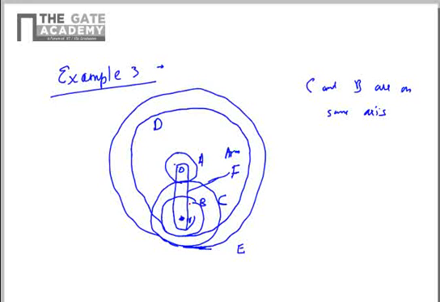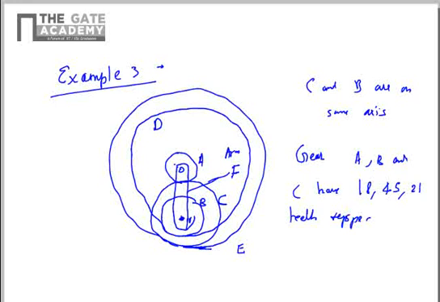These are the gears. Now, in this problem, we are given some limited information. This is a complex problem, so you have to form the equations for solving it. Gears A, B, and C have 18, 45, and 21 teeth respectively. So the number of teeth on 3 gears are given, and all gears have the same module and pitch. Since the module is the same, the pitch will anyway be the same.